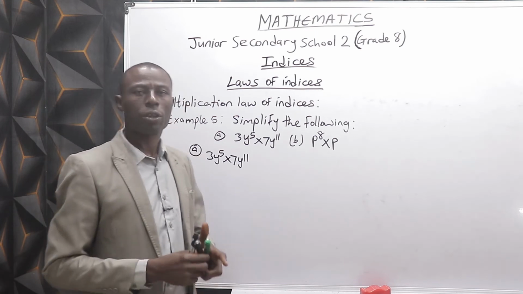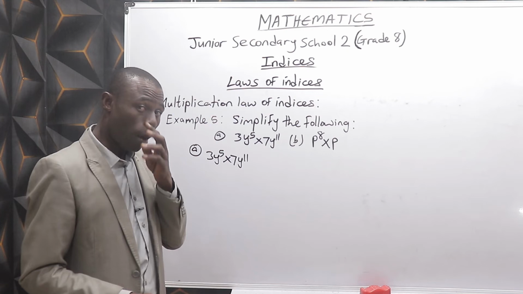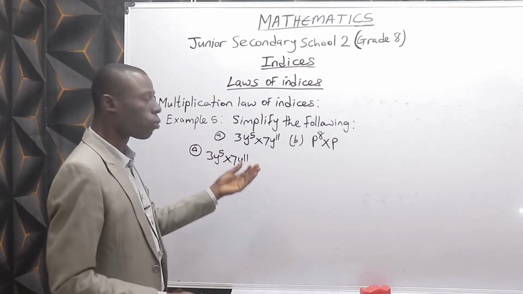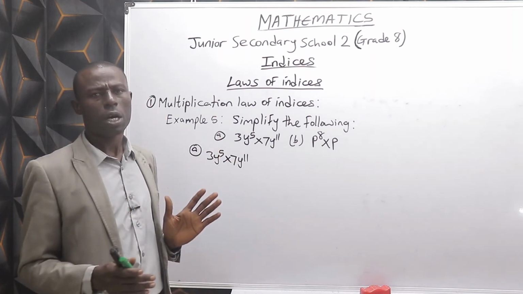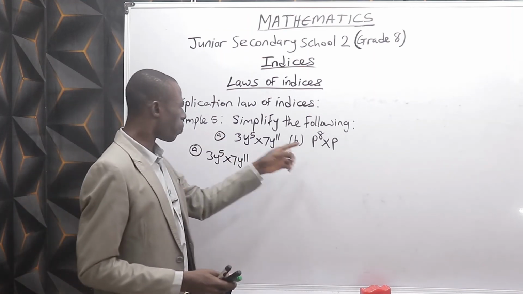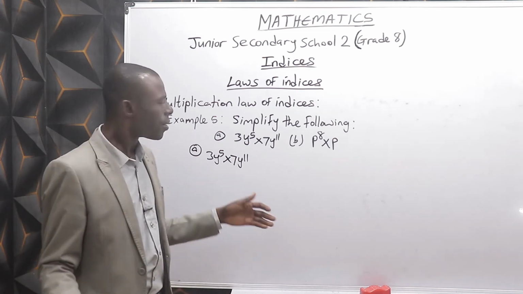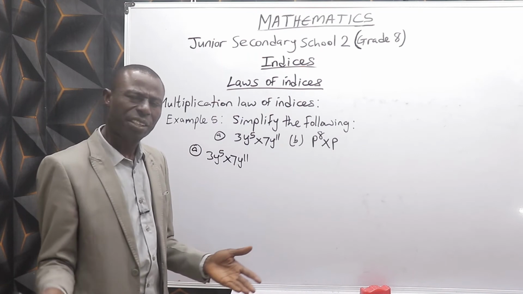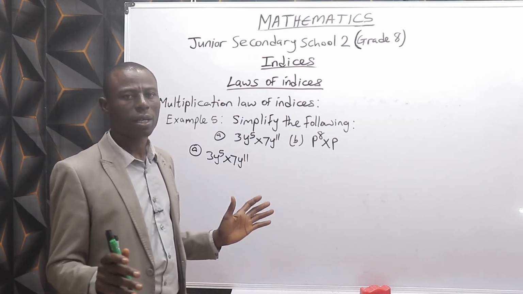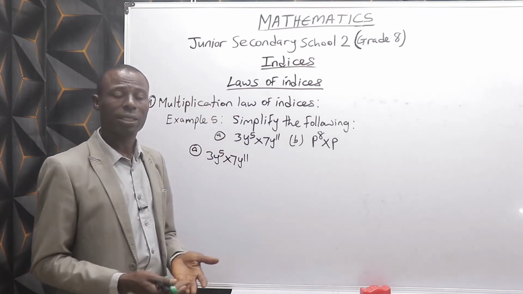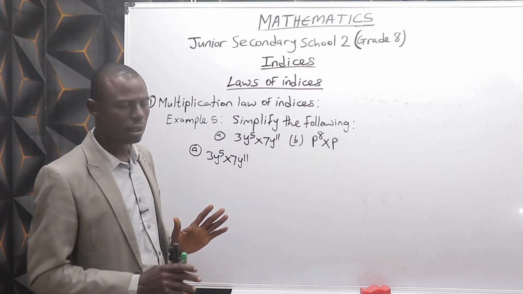In the exam, actually, except in textbook, no exam will demand a particular method from you in indices. No exam will say simplify using expansion method. No exam will tell you that. Simplify using addition of indices method. No exam will ask for it. It is only in the textbook you will find use this, use that, as far as indices is concerned.